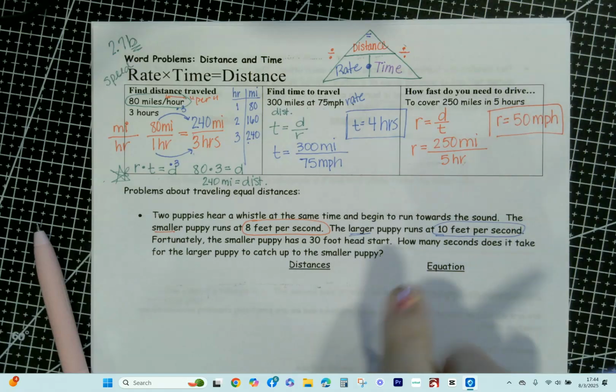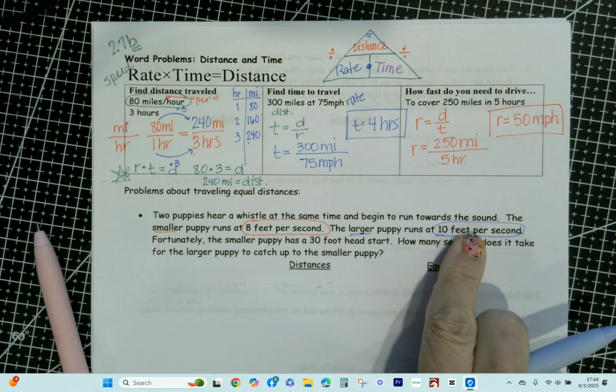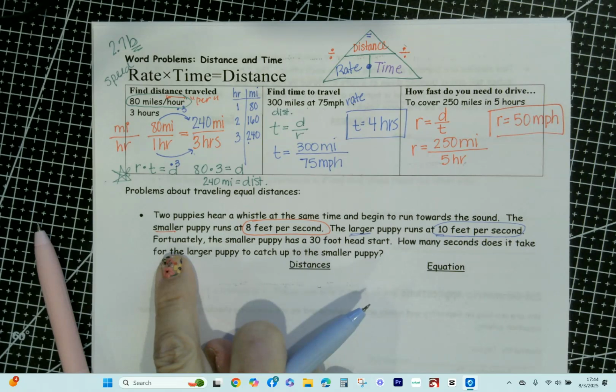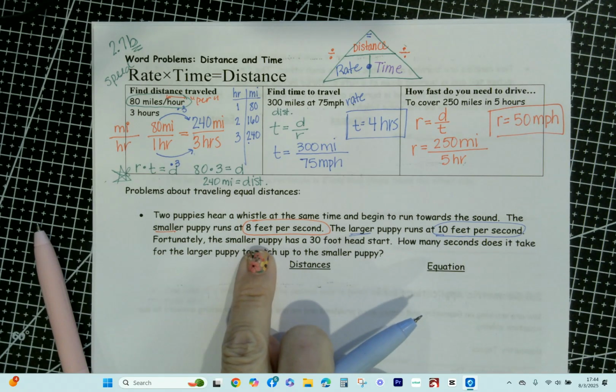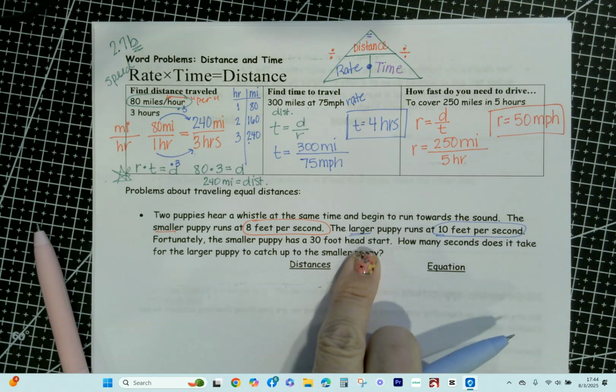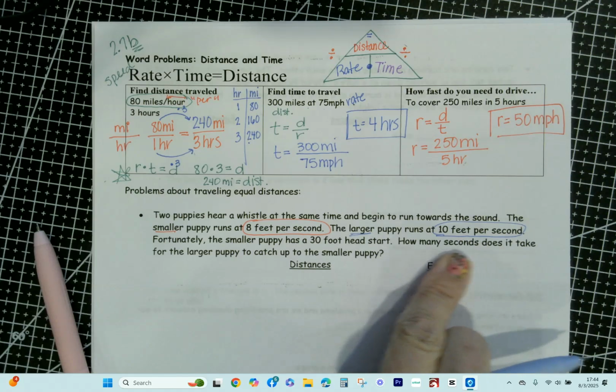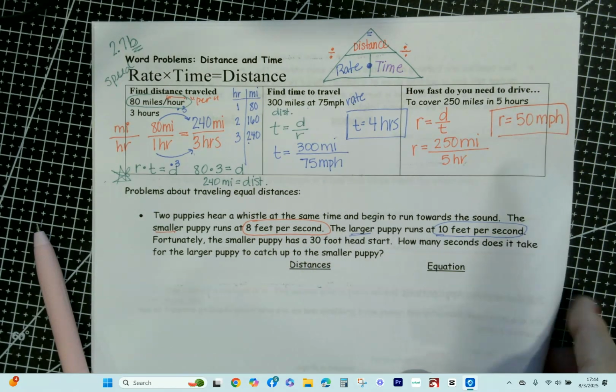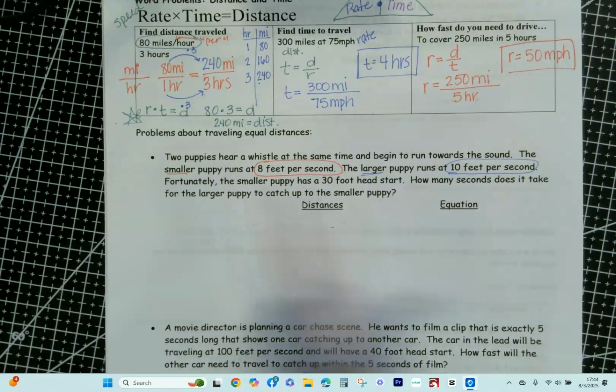That makes sense. Bigger puppy, it should run a little faster. Fortunately, the smaller puppy has a 30-foot head start. How many seconds does it take for the larger puppy to catch up to the smaller puppy?